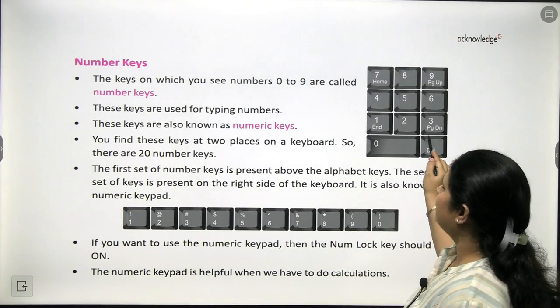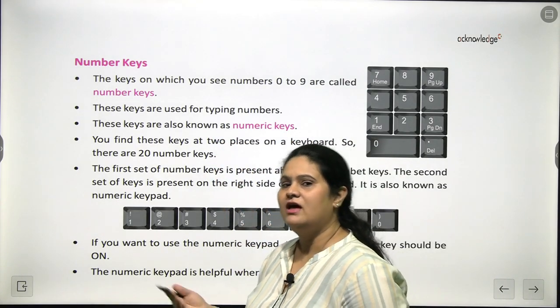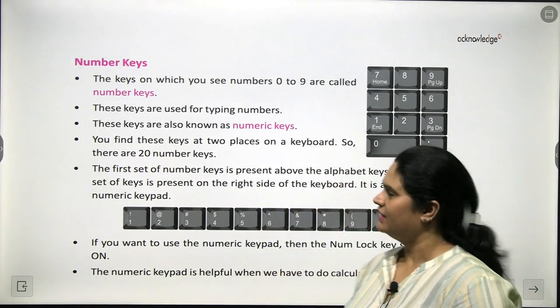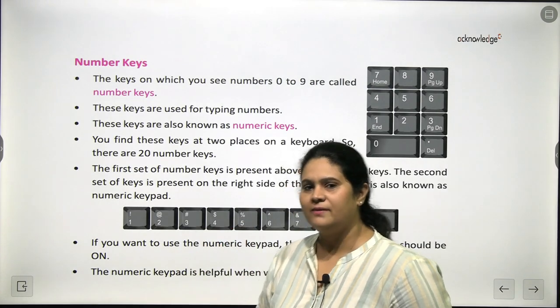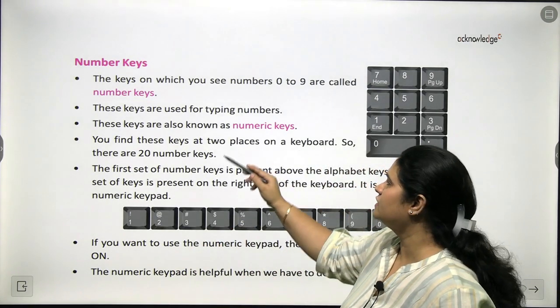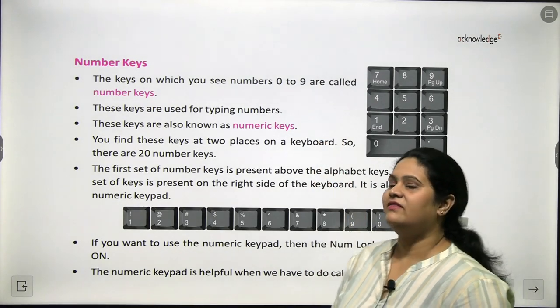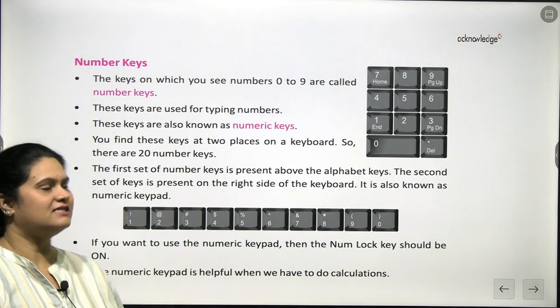So, these keys are called number keys as they have numbers written on them. Is it fine, children? Easy? Okay. Now, what are these keys used for? These keys are used for typing numbers, and they are also known as the numeric keys, right?